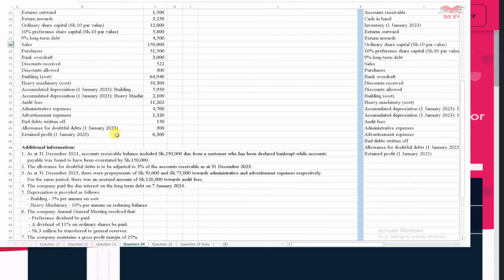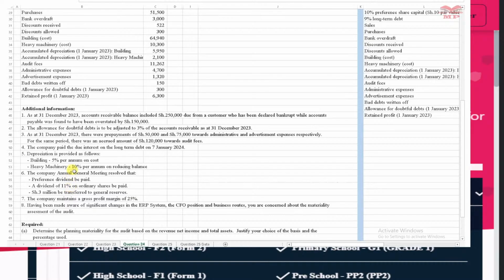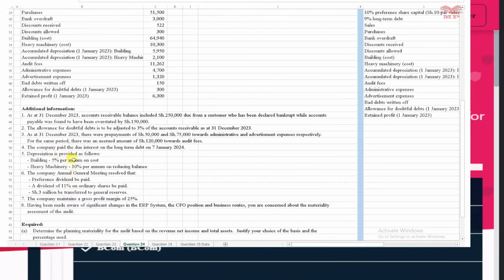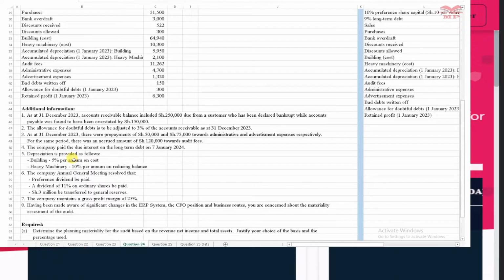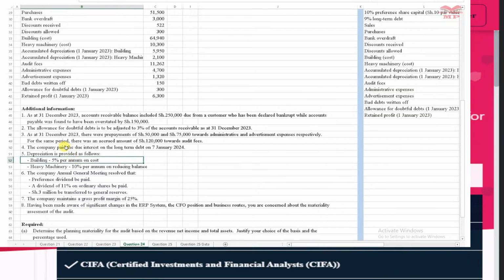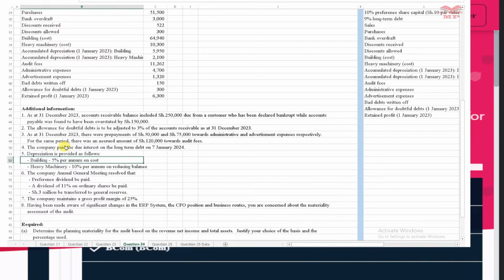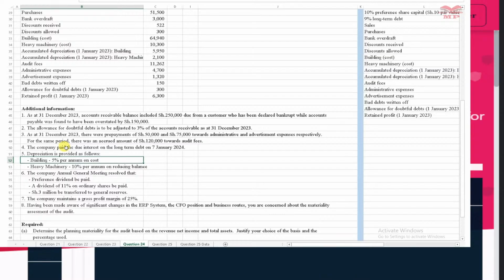So let's look at depreciation, accumulated depreciation. Let's look at that first. What is accumulated depreciation? So depreciation provided as follows. So we're saying the accumulated depreciation would require us to base it on depreciation of machinery.